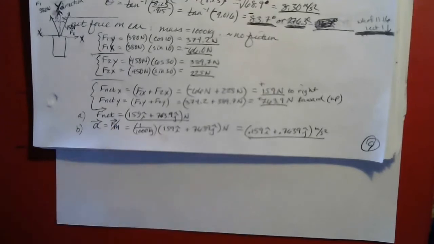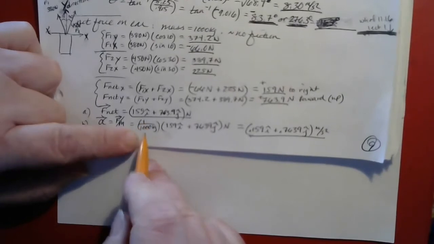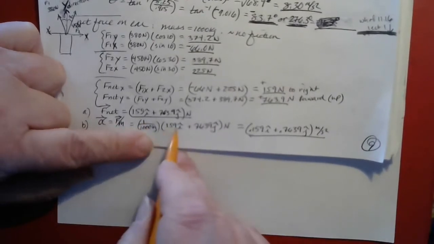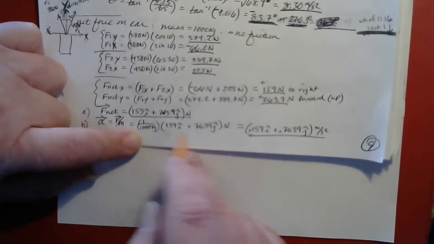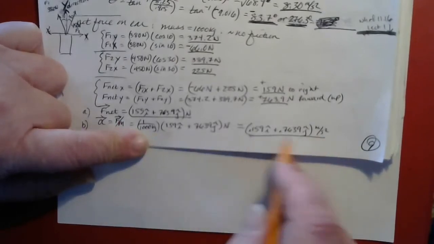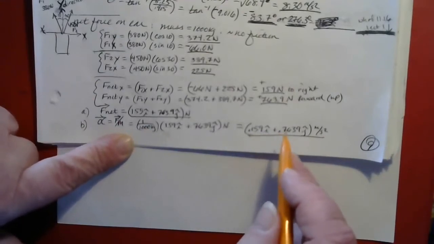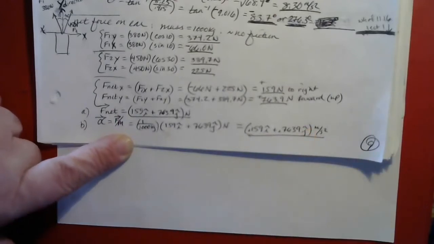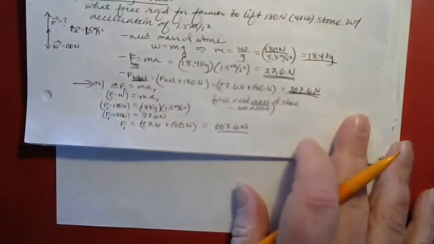You can divide a vector by a scalar, that's not a problem, because dividing a vector by a scalar is the same thing as multiplying the vector by 1 over the scalar, which is actually the way I wrote it here. 1 over 1,000 kilograms, that's the over m part, times the net force equation will give you the equation for acceleration, which is 0.159 times unit vector I plus 0.7639 unit vector J, meters per second squared. Okay, so that is the acceleration.